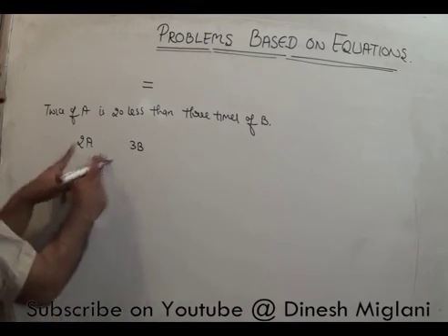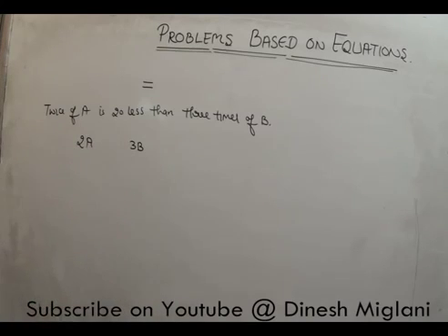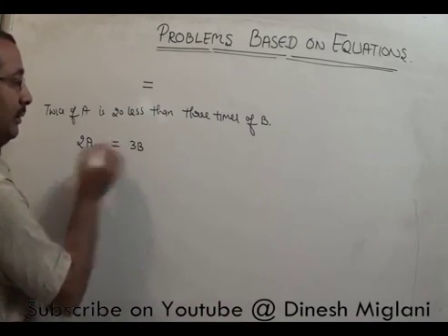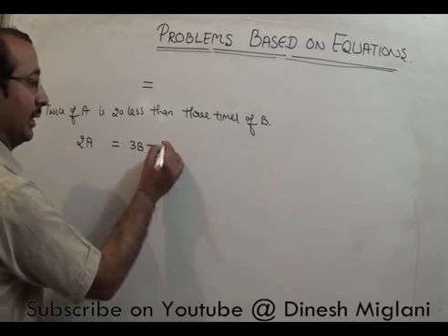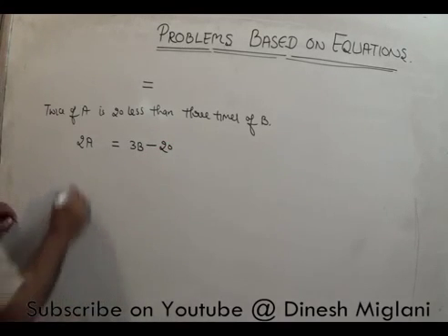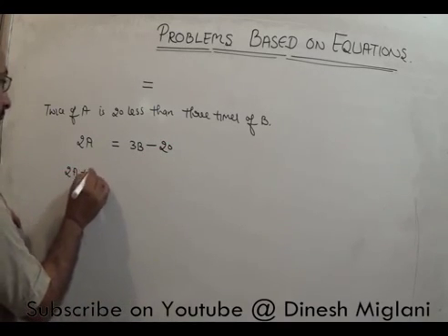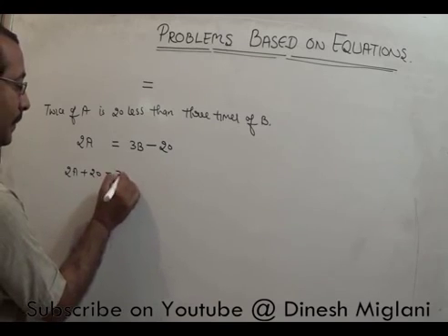Means this value is less and this value is greater. If I have to put an equal to sign between them, either I will subtract 20 here so both are equal, or I can make it 2A plus 20 equal to 3B.